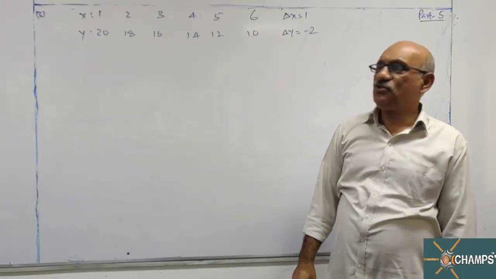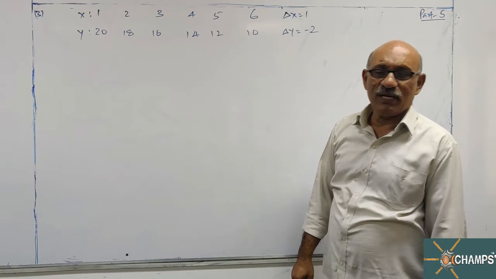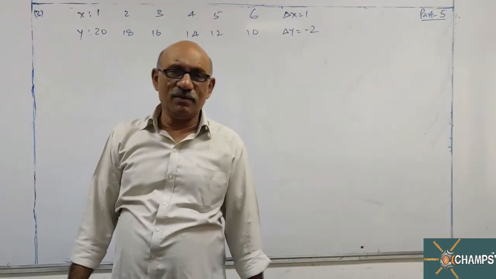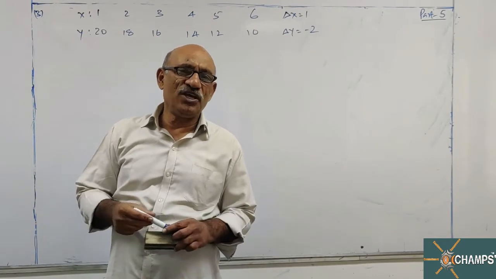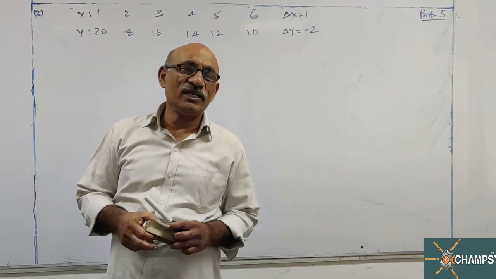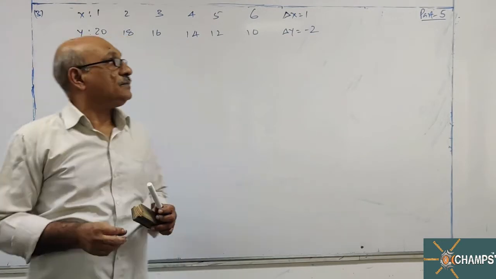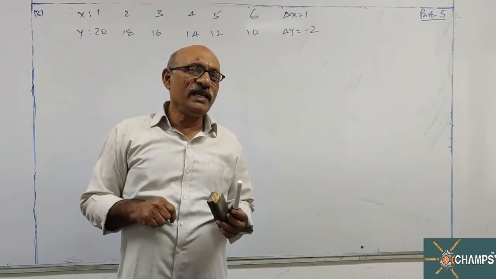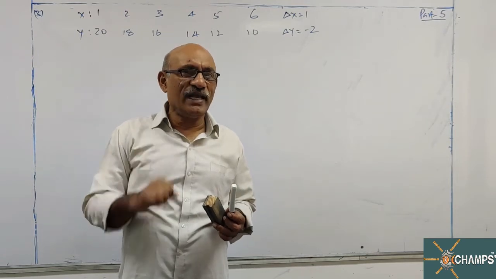For a unit change in the value of one variable, the corresponding change in the other variable is a constant. So correlation is linear. In case of linear correlation, the graph is a straight line.